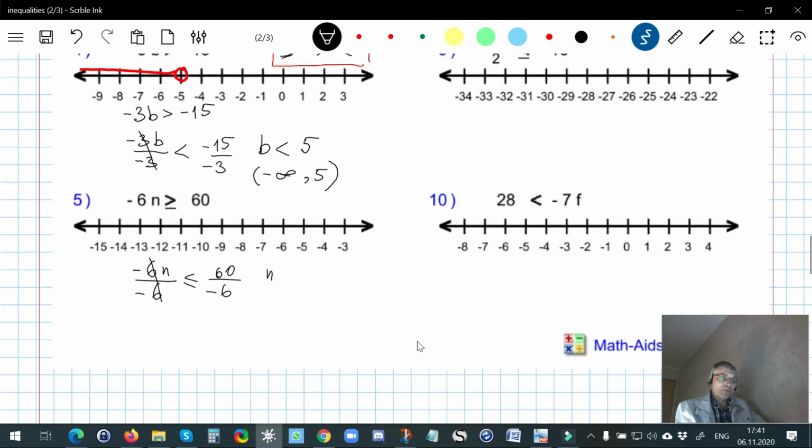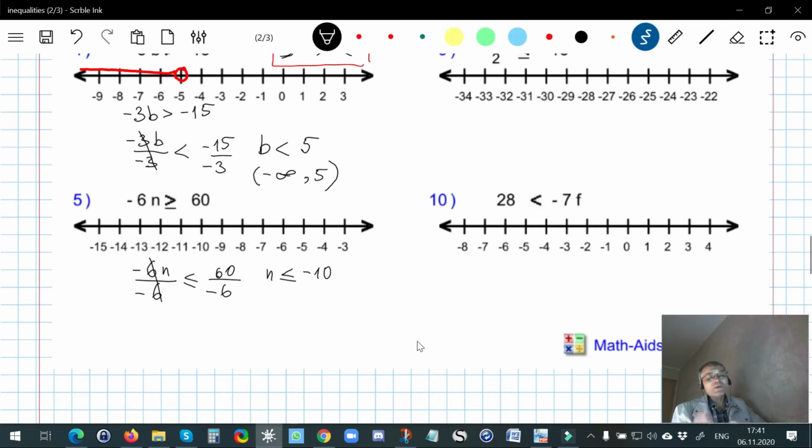What I have here is n is less than or equal to the right side, which is 60 divided by negative 6, which gives me a negative sign, and it is negative 10.